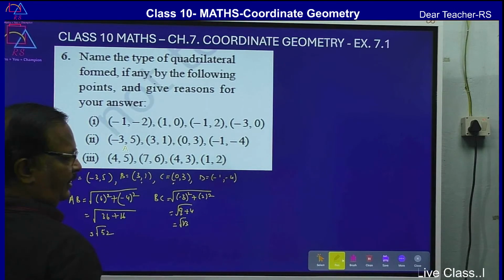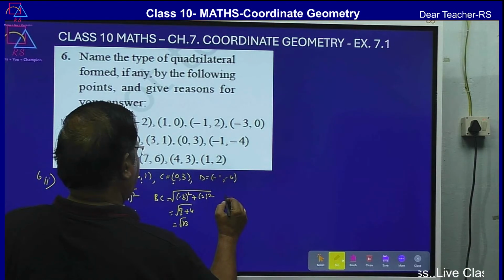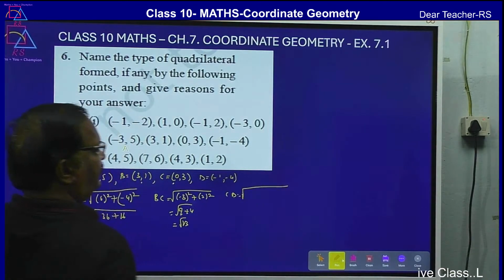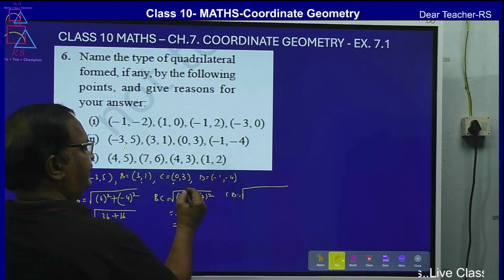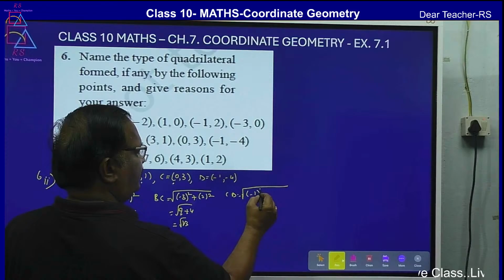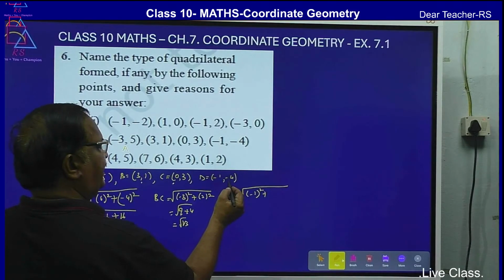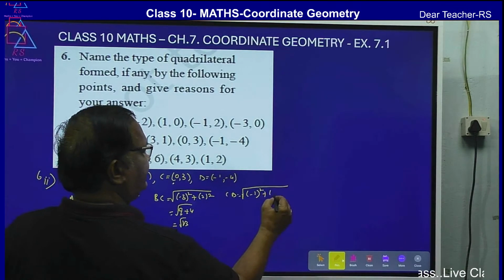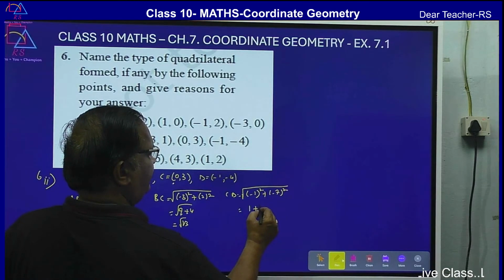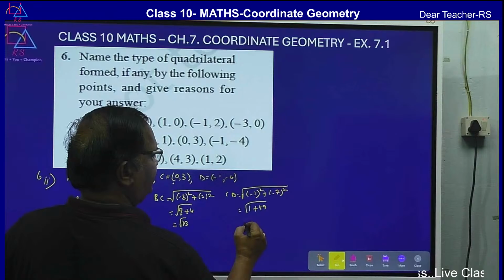Okay. And then CD. Let us find out CD also. CD is C and D. -1 minus 0, so -1 whole square plus -4 minus 3, that is -7, -7 square. So it is equal to 1 plus 49, which is equal to square root of 50.